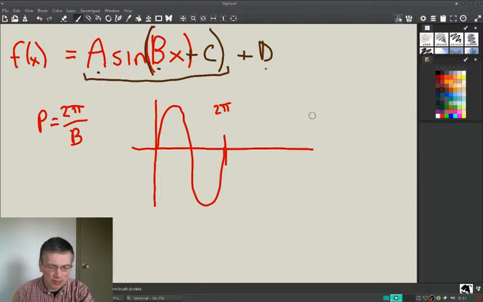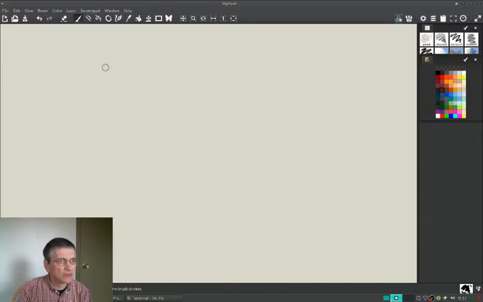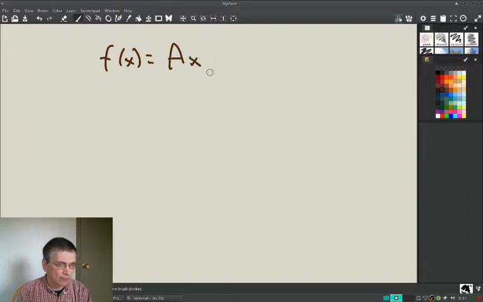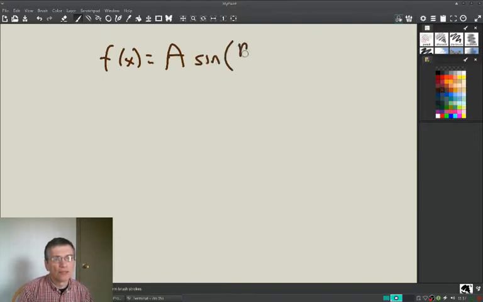Let me rewrite this. A sine of bx plus c, plus d. A controls the amplitude, B controls the period, D is just some number we add in.